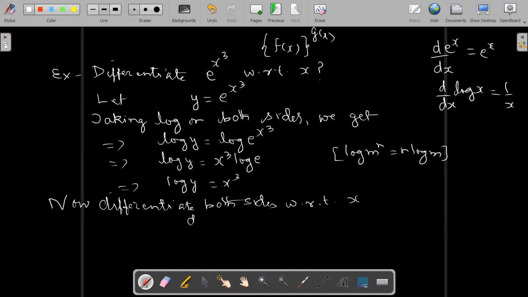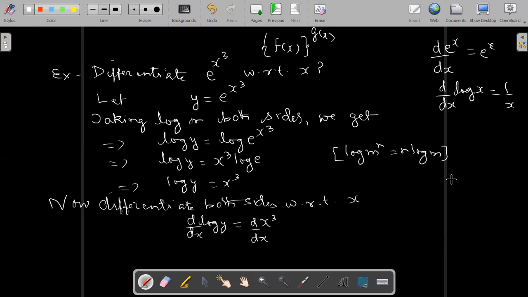So d by dx of log y on the left side, and on the right side d by dx of x cube. Right side there is no problem, x cube we can differentiate as n x to the n minus 1. How will you differentiate log y?